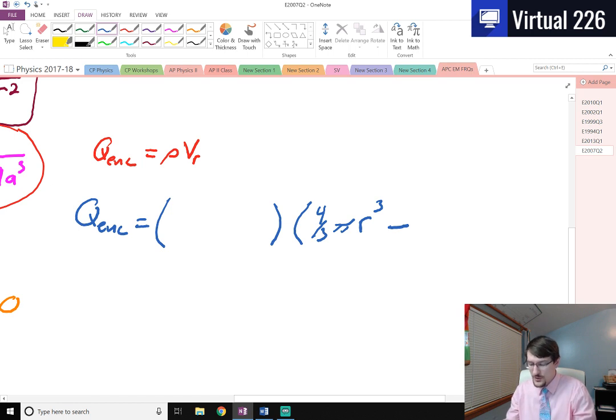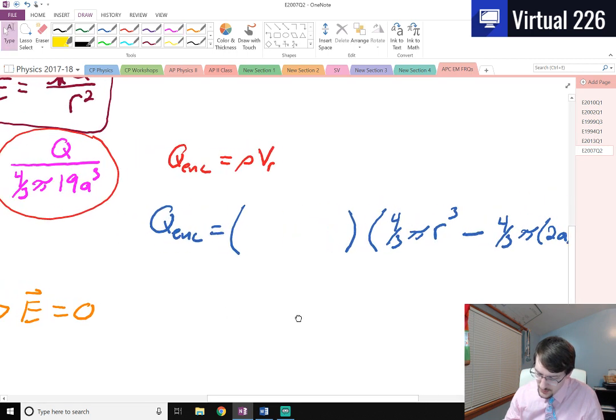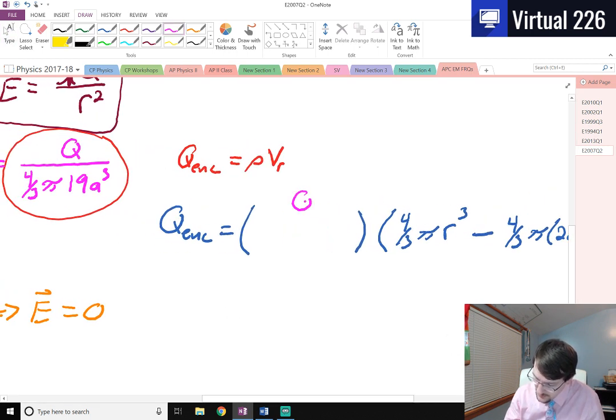We're punching a hole in the donut, and that's 4/3 pi to a quantity cubed. Okay, and then let's just put back what our charge density was. It was q over 4/3 pi 19a cubed.